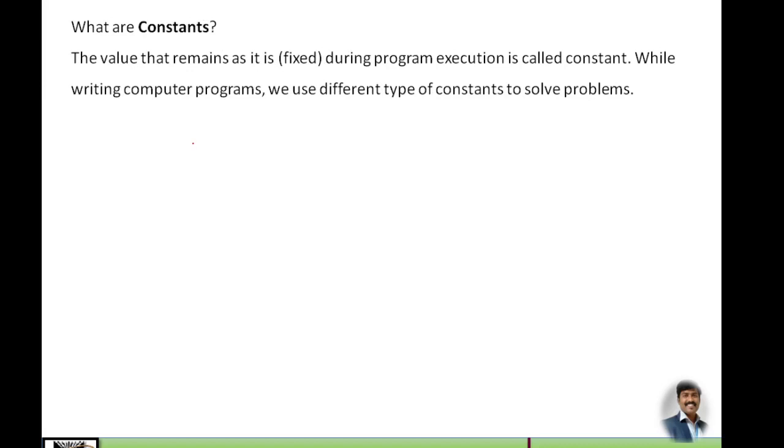So let me define what is meant by constant. Constants are the identifiers whose value remains fixed during program execution. While writing a program, we use different types of constants to solve a given problem.